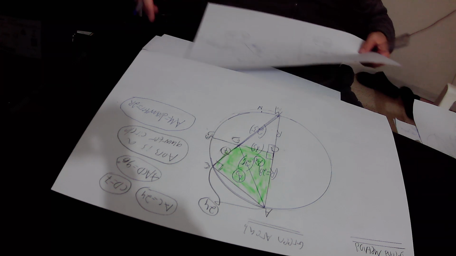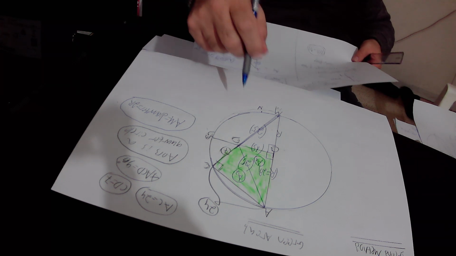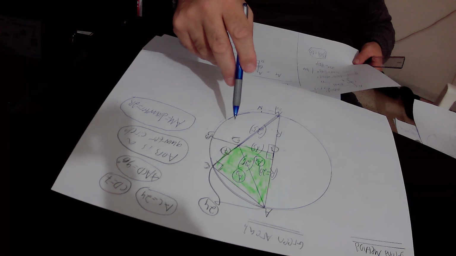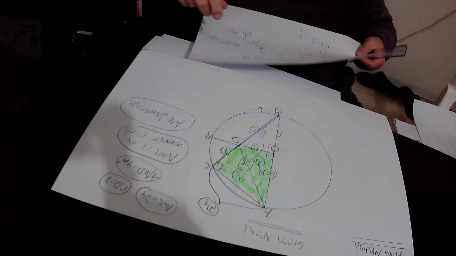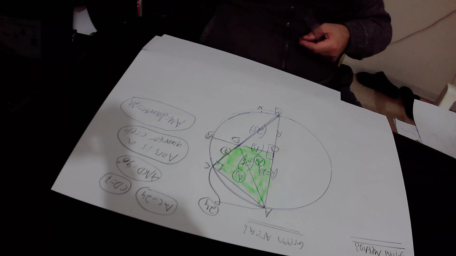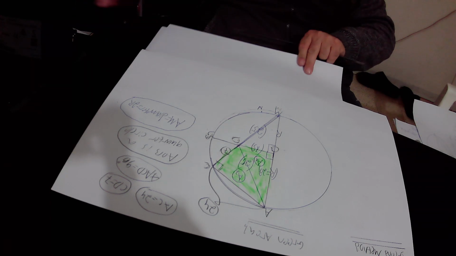The next step, we find out the value of A2, that is the area of the green right triangle ADC. So we copy the green right triangle ADC in the new page and we find out the area of this green right triangle.